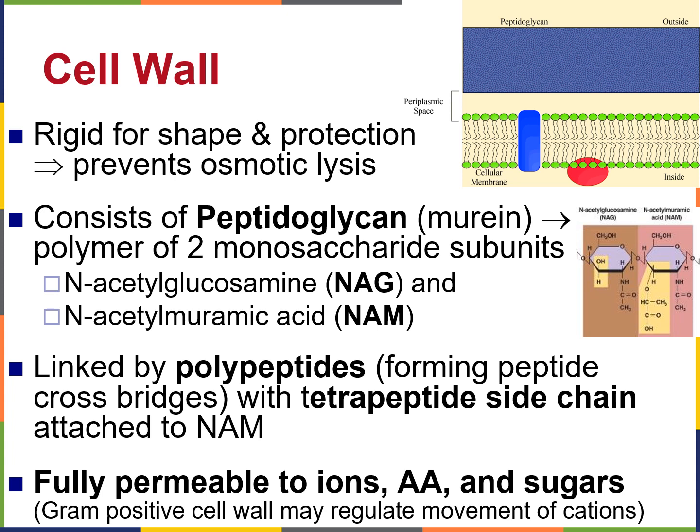Well, that is not the case with the cell wall. The cell wall, this peptidoglycan that we've been talking about, is very loosely woven so that materials such as ions, amino acids, and small sugars are able to pass through the cell wall from one side to the other. Okay.